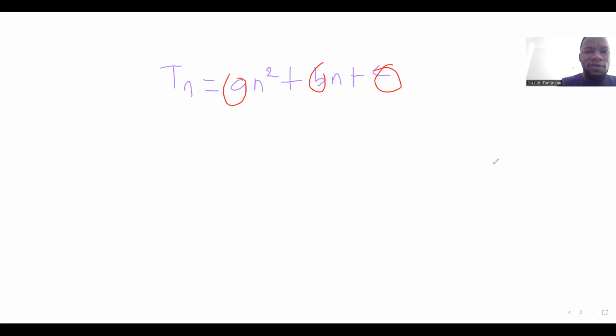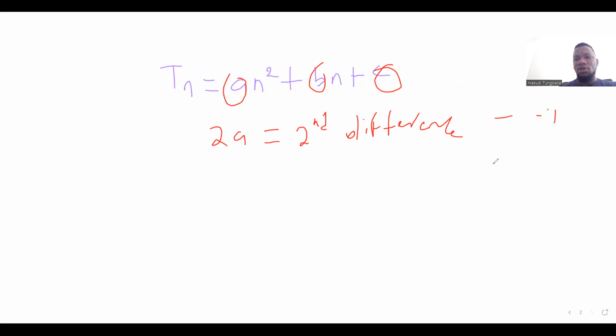The first equation is 2a must equal the second difference in the sequence. Yeah, 2a must equal the second difference, that's equation 1. And then the second equation is 3a plus b must equal the first term of the first difference.